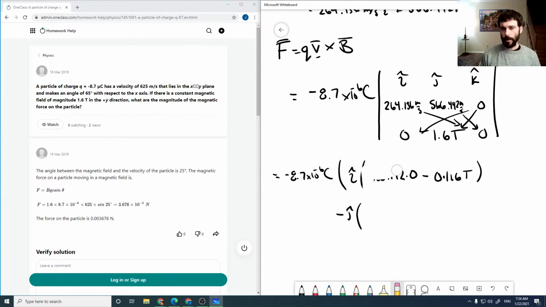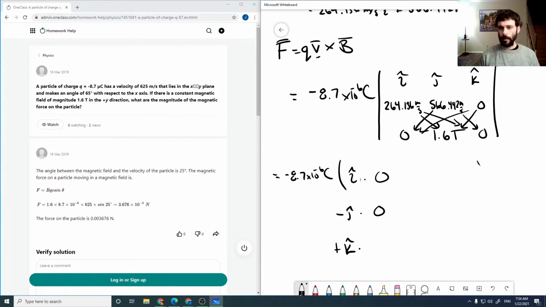I'm not going to bother writing these all out. That's times 0. And then plus k hat times, in the k hat direction, this minus this. The minus is going to be 0, but we've got 264.136 times 1.6 Tesla.